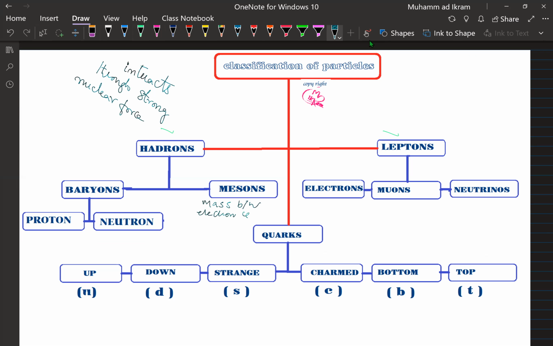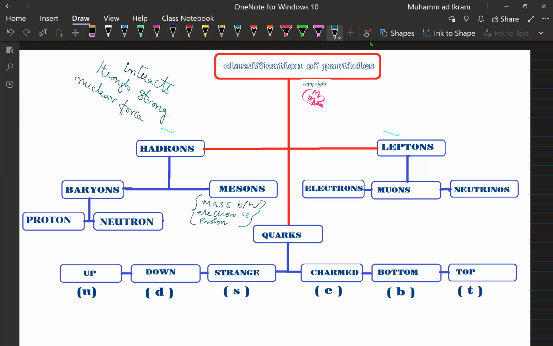You can search for the mesons group. When they decay, they finally decay into electron, positron, neutrinos, and photons.